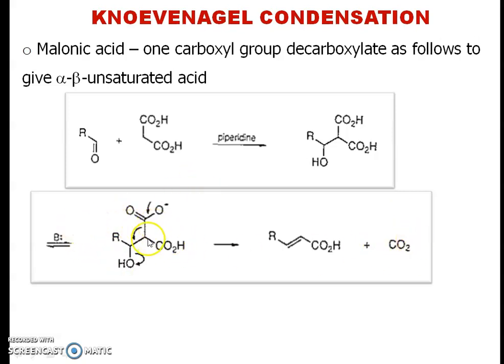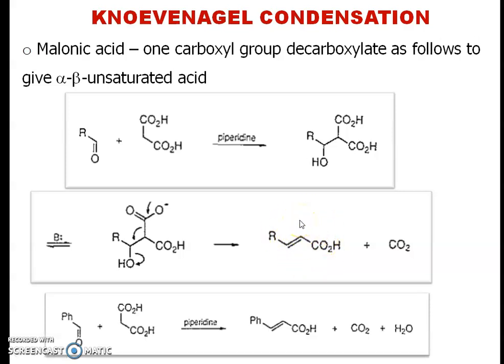Also, water gets eliminated, and it forms an unsaturated carboxylic acid. So if you use a dicarboxylic acid instead of an ester, you get an unsaturated monocarboxylic acid.